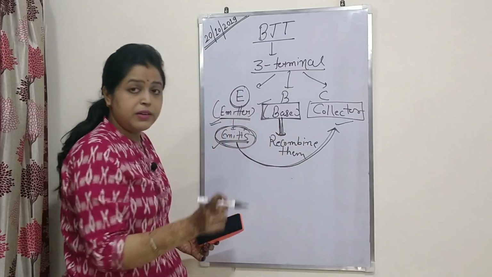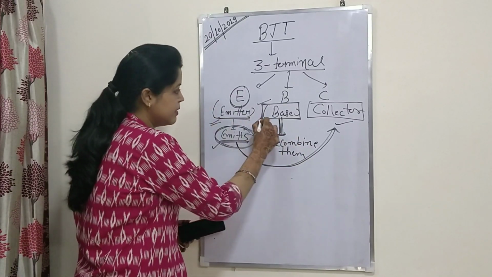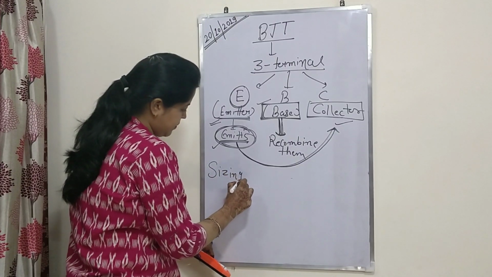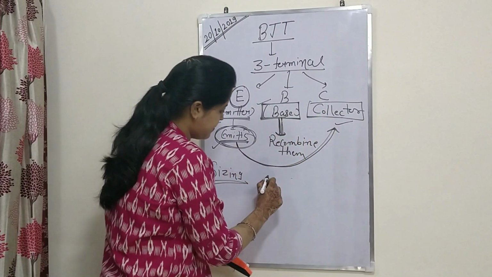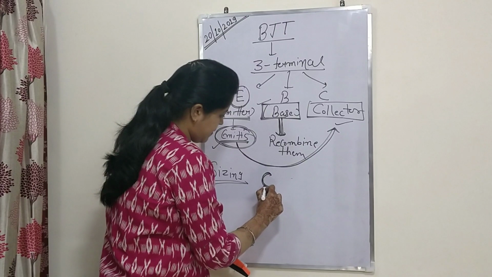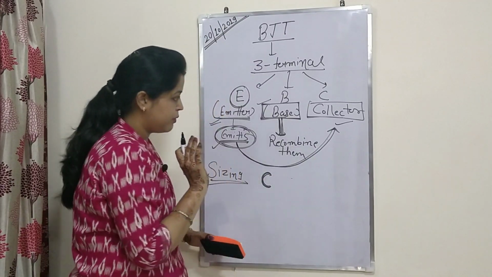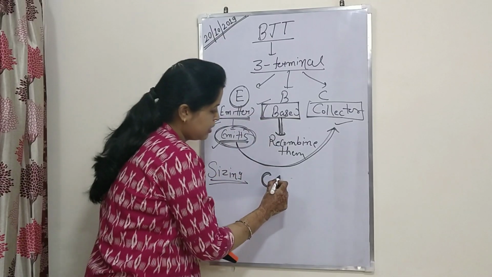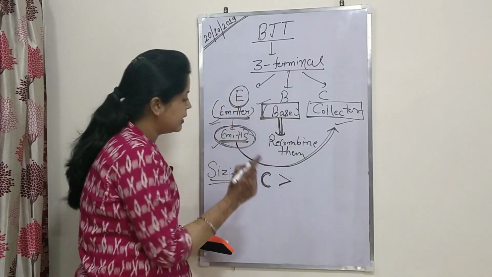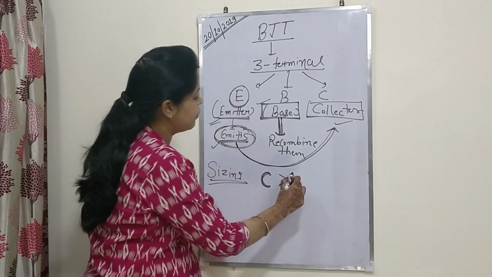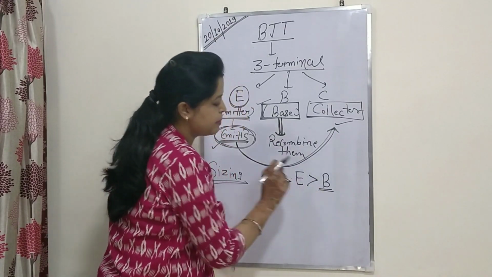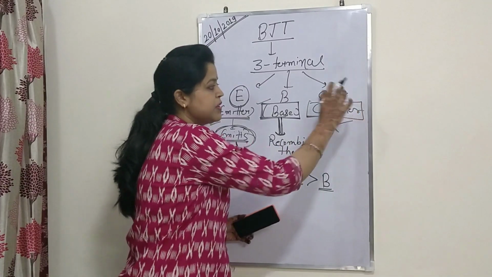So whenever we talk about their sizing, the size of the collector is kept very high in comparison to emitter and base. The second is emitter, and the third one is base. Collector is a terminal which collects.